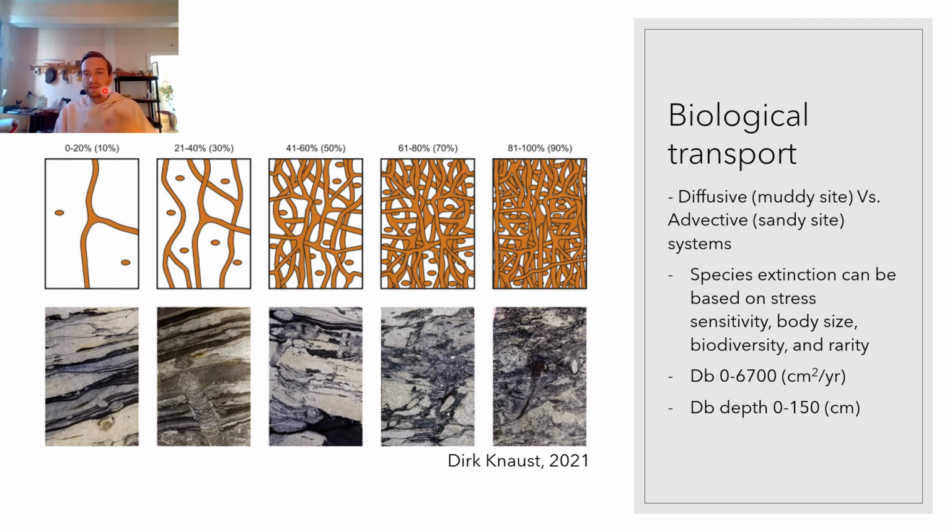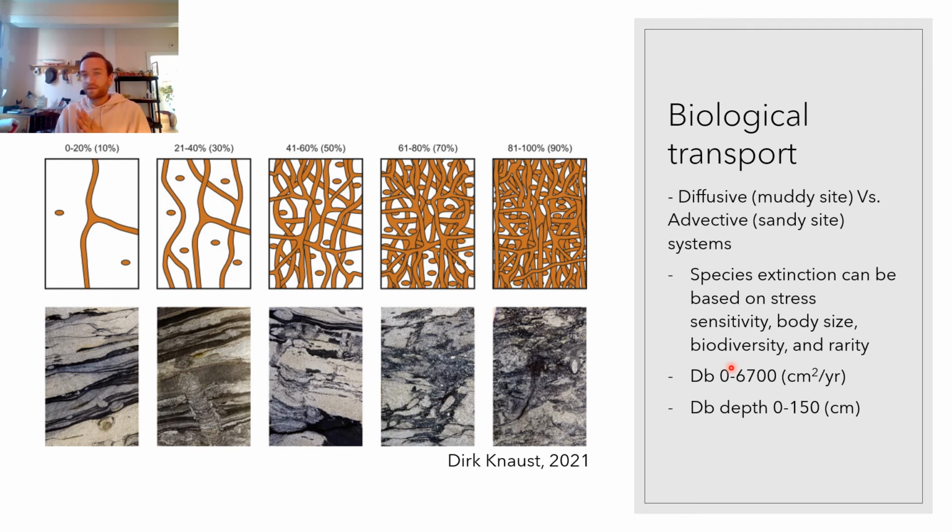So biological transport is going to happen somewhere between the sediment water interface and a depth, and looking at a large database of DB, being bioturbation or biologically mediated transport, it could be from 0 to 150 centimeters deep. Generally, it's probably going to be between 0 to 15 centimeters deep. At Shelburne, it was measured before, it happened to be around 7. And then the rate of exchange of solutes and solids can also vary quite wildly.